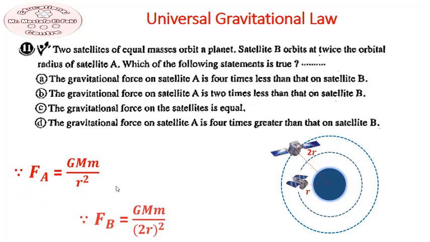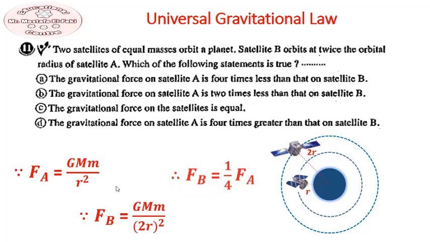Then this is the force on the first satellite and this is the force acting on the second satellite. Then the force of the second satellite equals a quarter of the force of the first one. This means that the force of the first satellite equals 4 times the force of the second one.